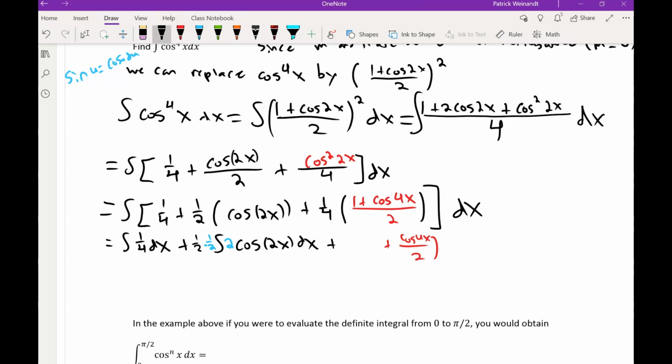So this is the same as the integral of 1/8 plus the integral of, well, if we have cosine of 4x over 2, that's the same as 1/2 times cosine of 4x.